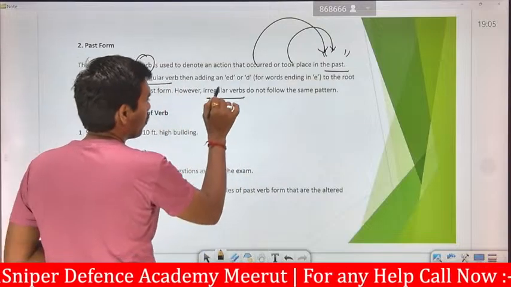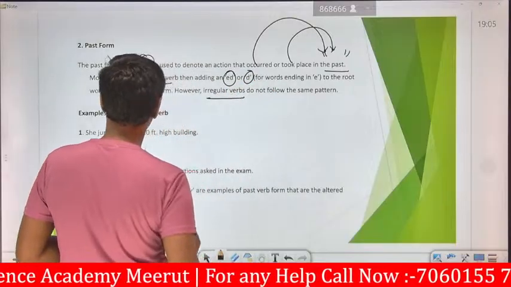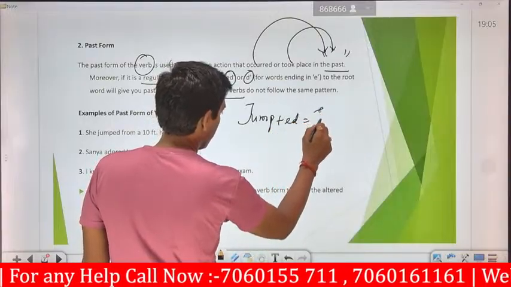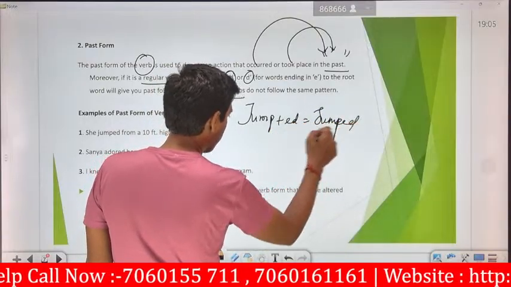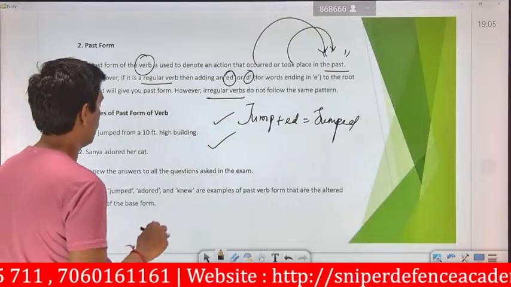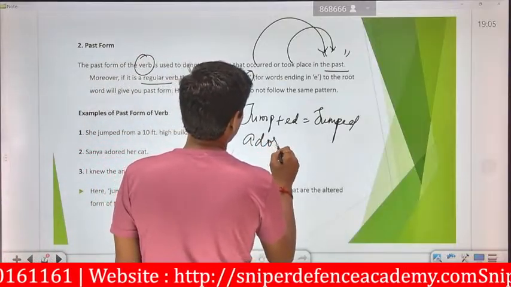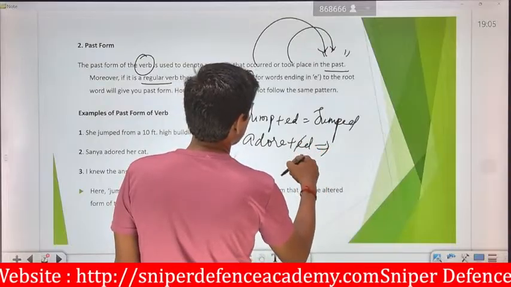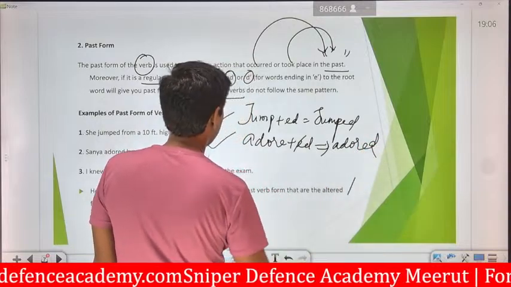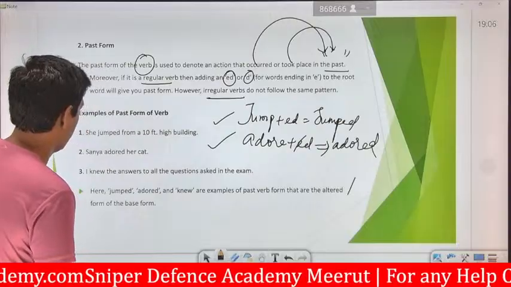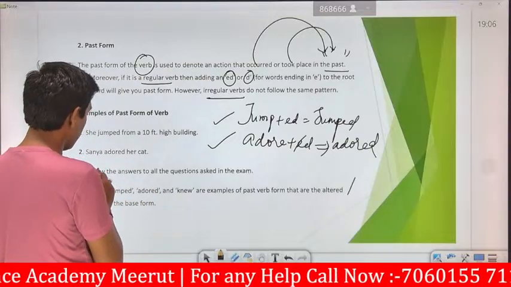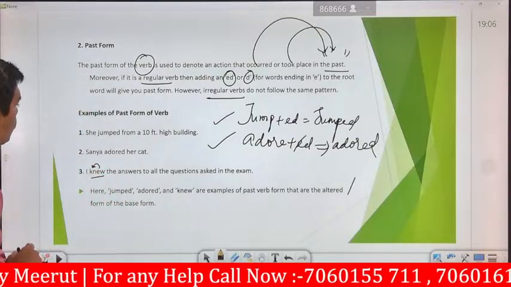So regular verbs means we are going to add ed or d, whatever it may be. It will be like this. So what are the examples they have given for you?